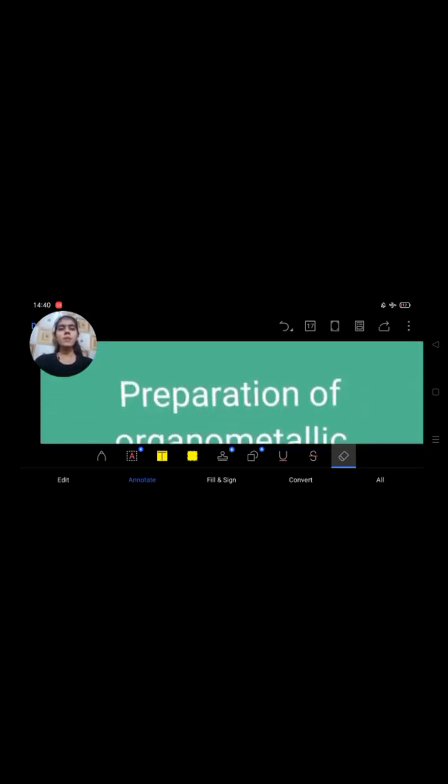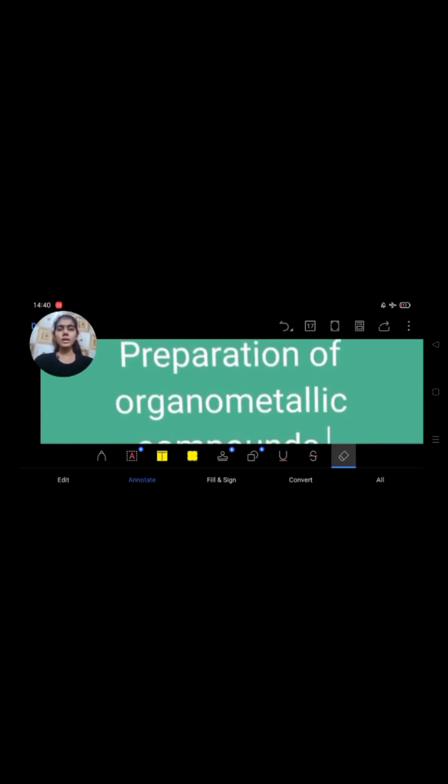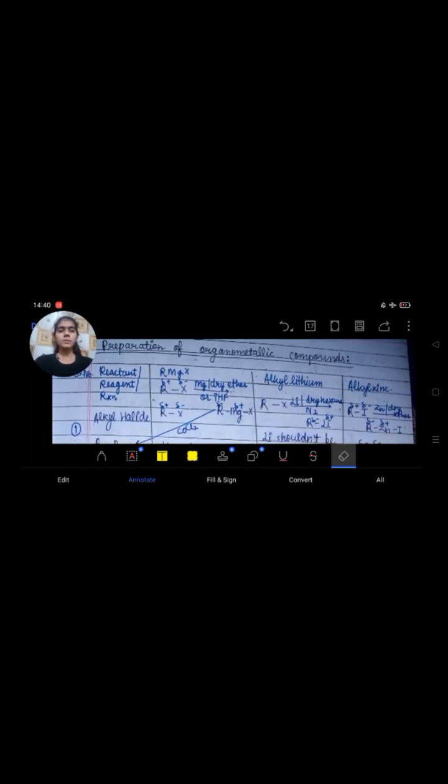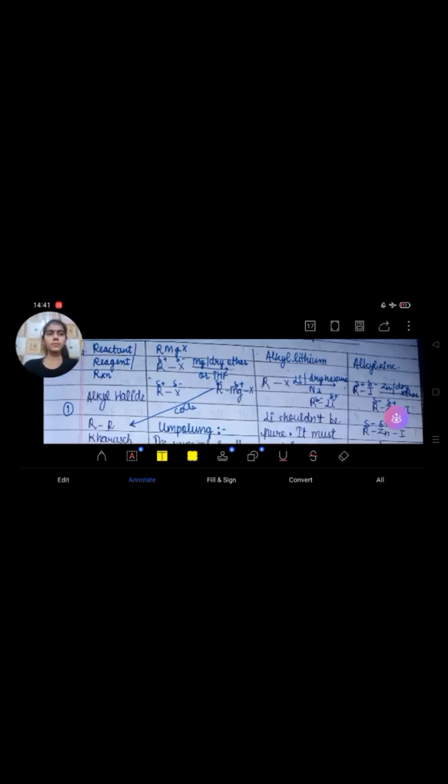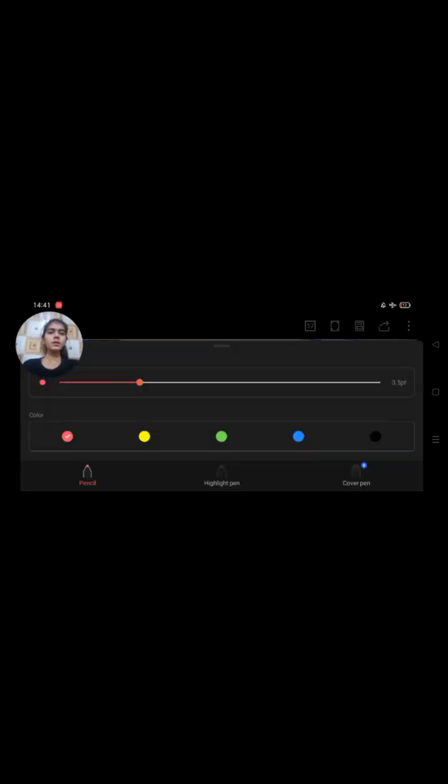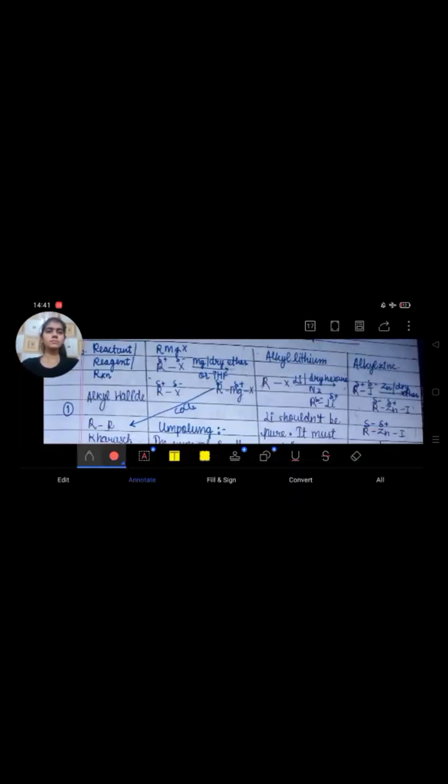Then we will discuss the preparation of organometallic compounds from alkyl halides. On reacting alkyl halide with Mg and dry ether, we get Grignard reagent.